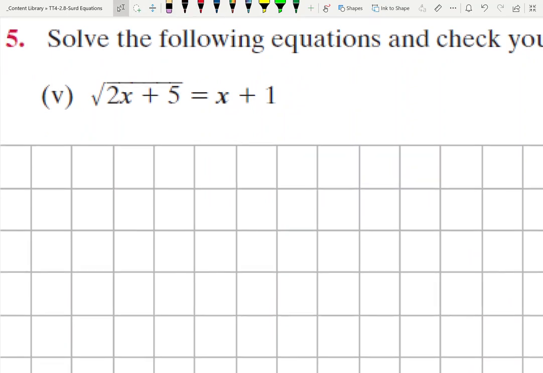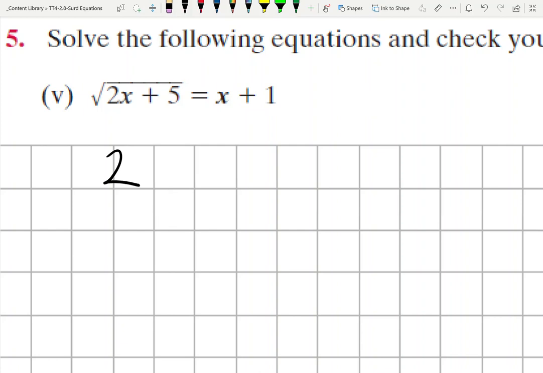Okay. I'm going to do it by inspection. 1, no. 2, yes. 10, no. 3, no. 4, 5, 6, 7, 8.